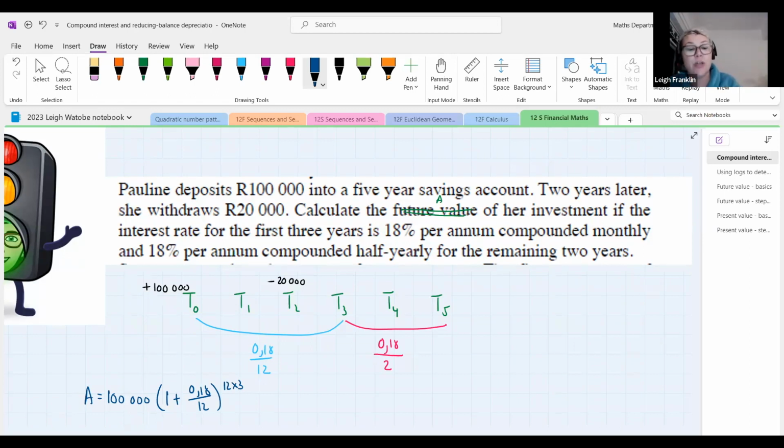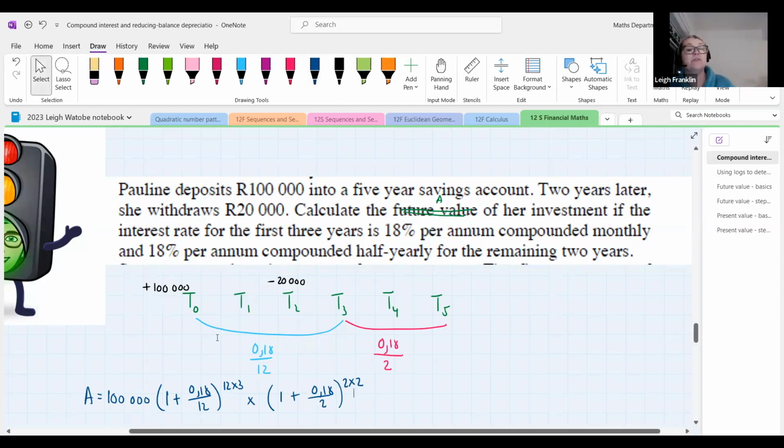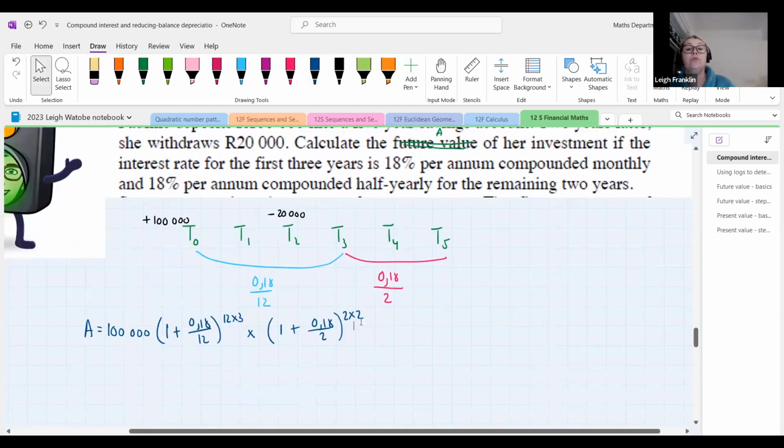The interest rate changes, so we multiply. 1 plus 0,18 over 2, and then that is going to be for 2 years. So that's what the 100,000 Rand would be worth if there were no deposits or withdrawals after 5 years.